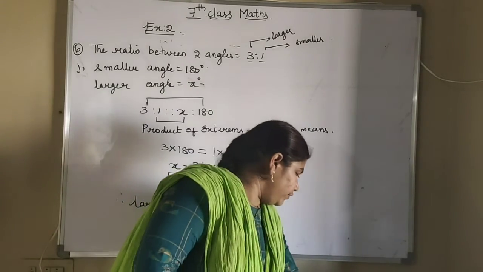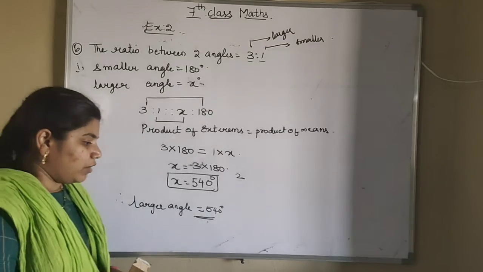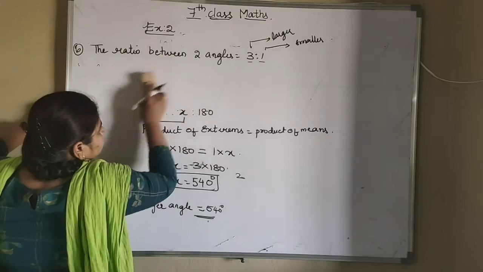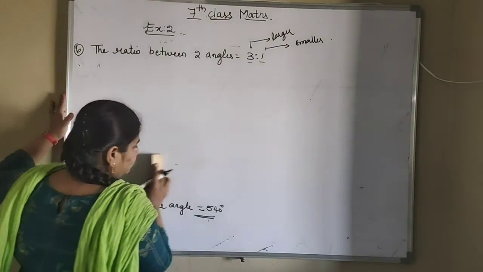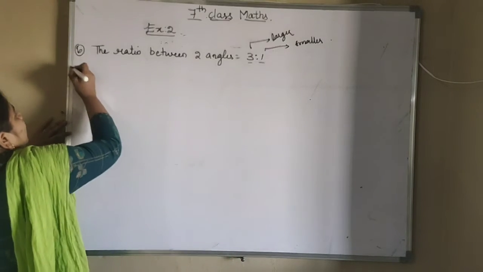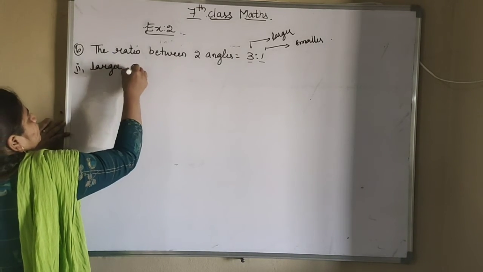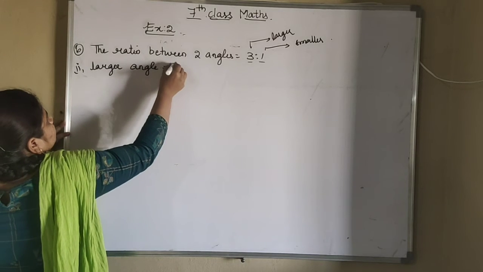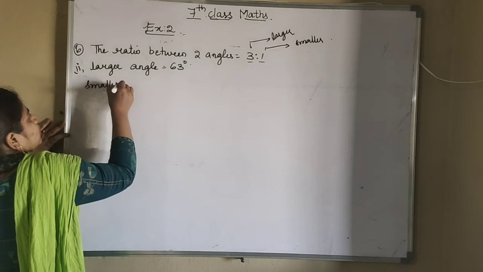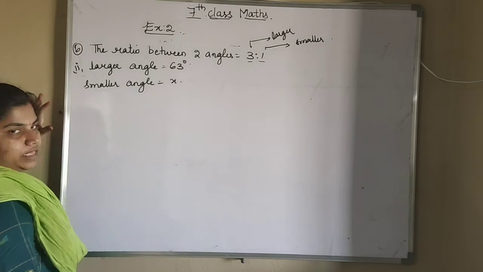Next, we will see the second bit. Now we have to find the smaller angle. They have given the larger angle as 63. Smaller angle we don't know, so we are taking it as x again.